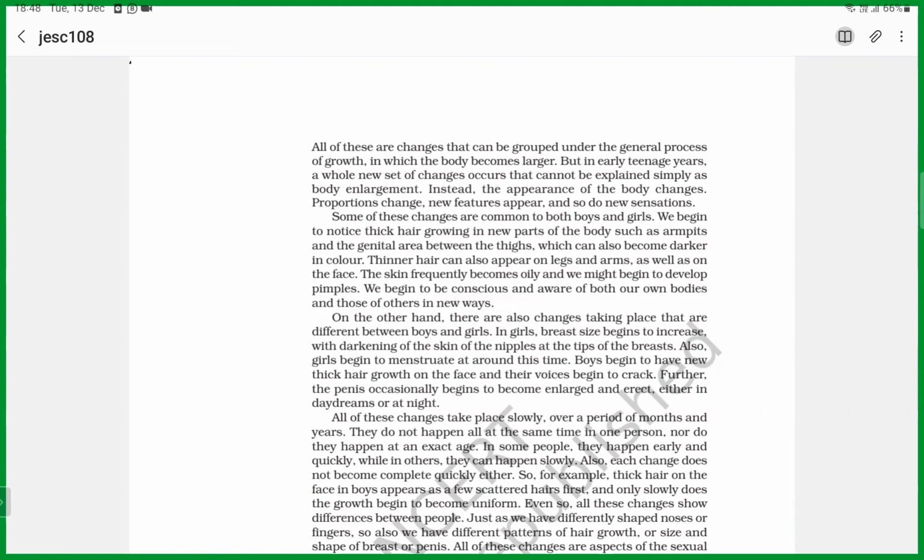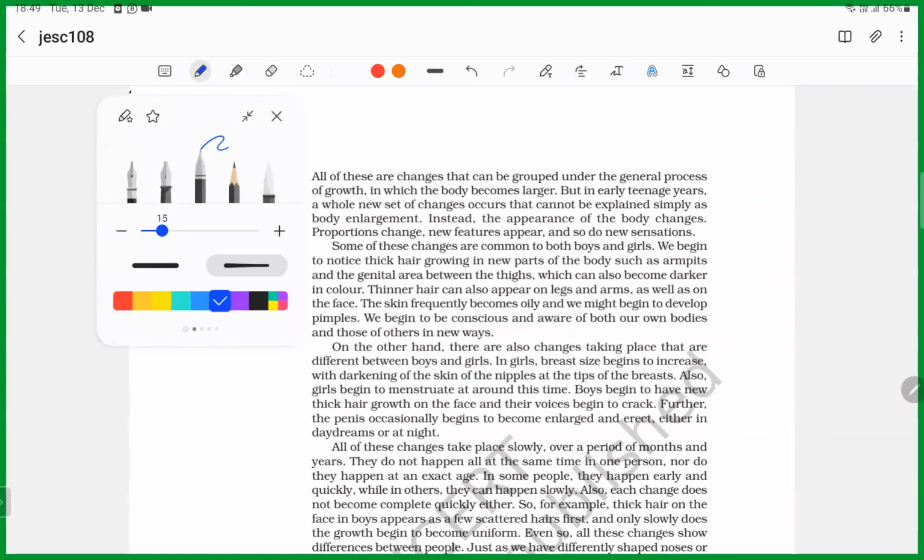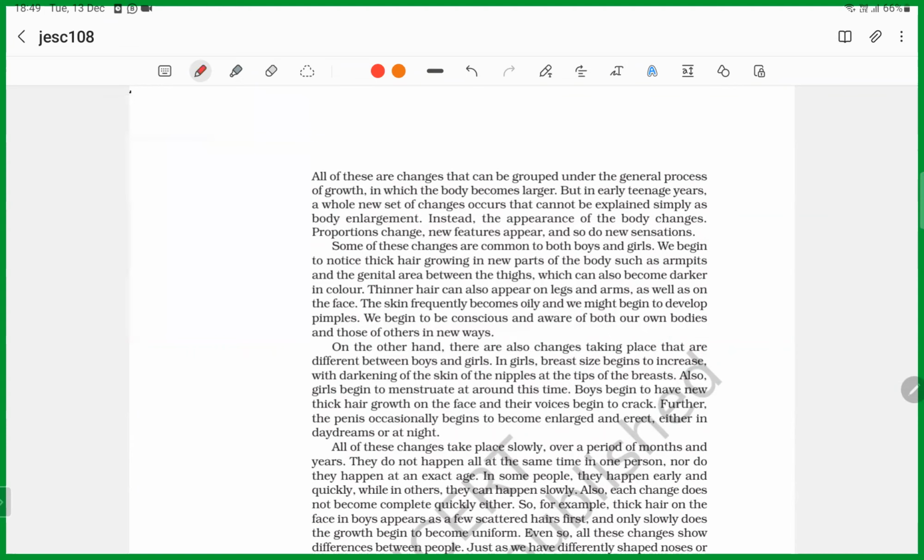And then the primary and secondary sexual characteristics of men and women. What are they?